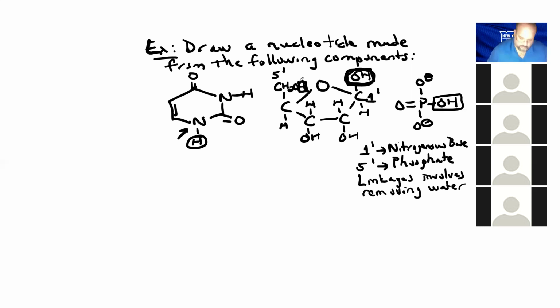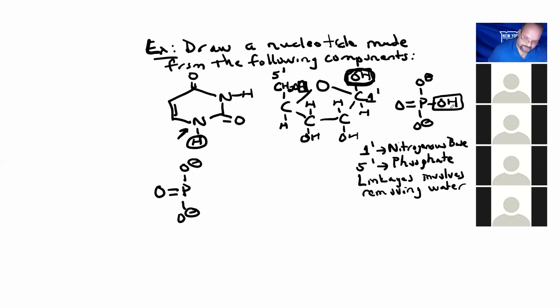Okay. So going from left to right, we're going to do phosphate, sugar, base. All right. So we'll start with phosphate first. The part that's going to be removed is the OH off of the phosphate group.